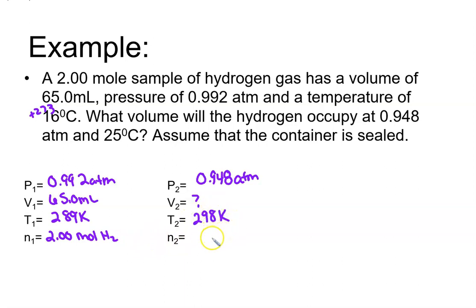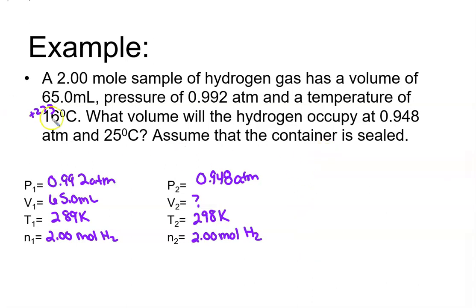And it says assume that the container is sealed, and what that means is our moles didn't change. It stayed the same. We didn't let more gas in or any more gas out, so the moles didn't change. In fact, a lot of times your moles don't change in these problems.